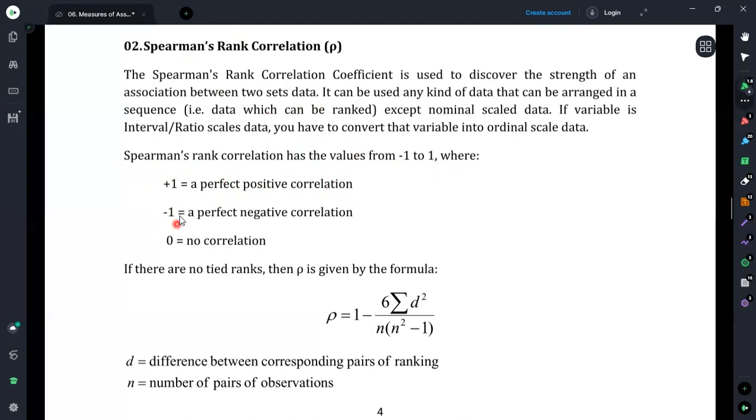If we are getting -1, then there is a perfect negative correlation between the variables. And if you are getting the value as 0, then there is no correlation among the variables.